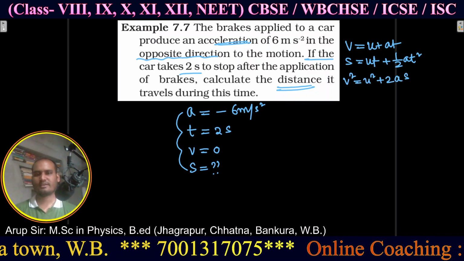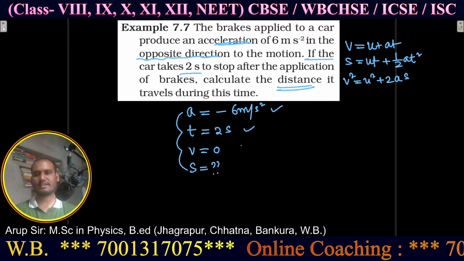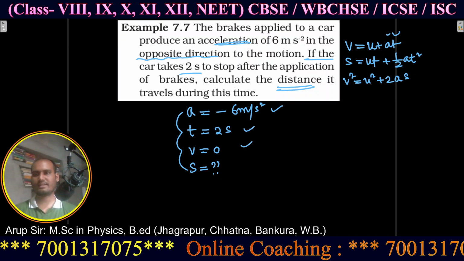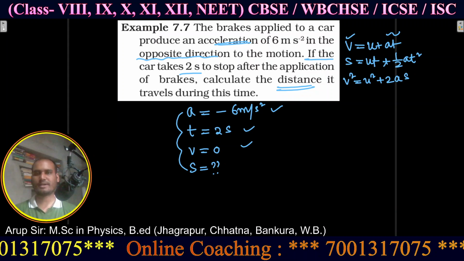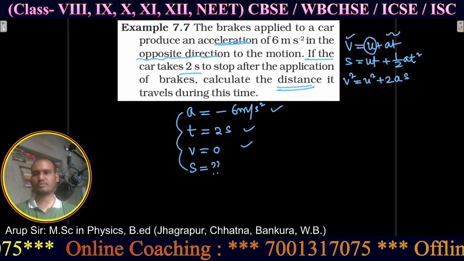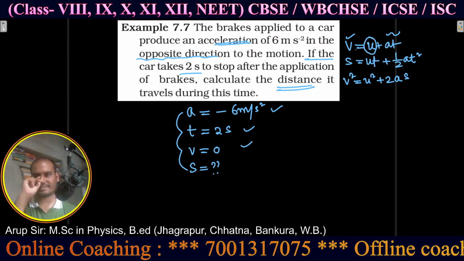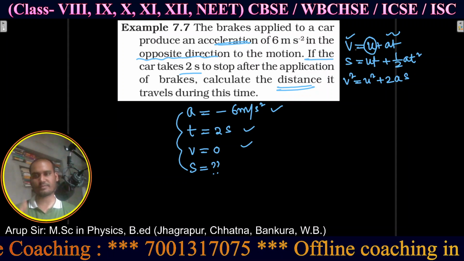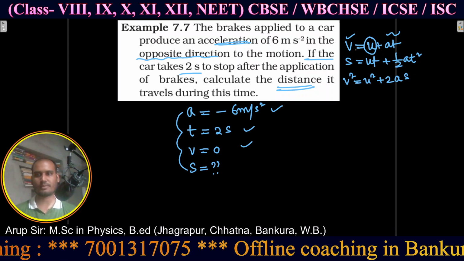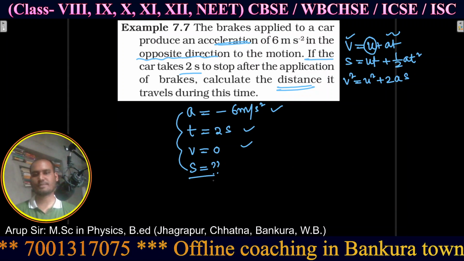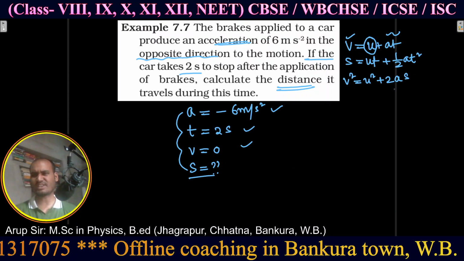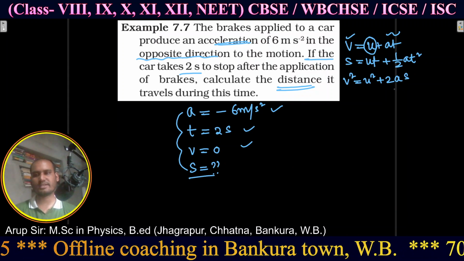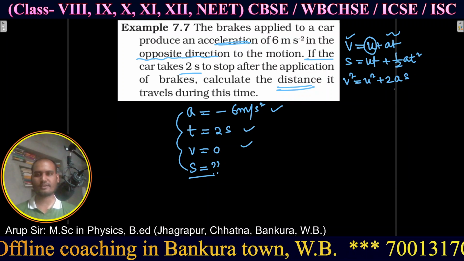See, A, T and V are known. If they ask about U, the initial velocity, then we can use the first formula, no problem. But they are asking about displacement, so check whether any other formula is valid for calculating displacement.